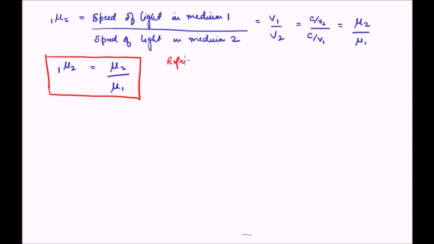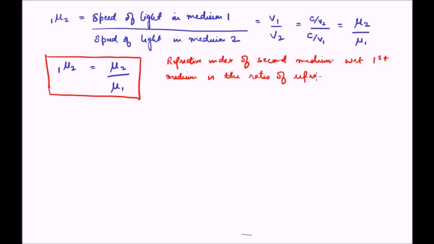Refractive index of second medium with respect to first medium is the ratio of the refractive index of second medium with respect to vacuum to refractive index of first medium with respect to vacuum.